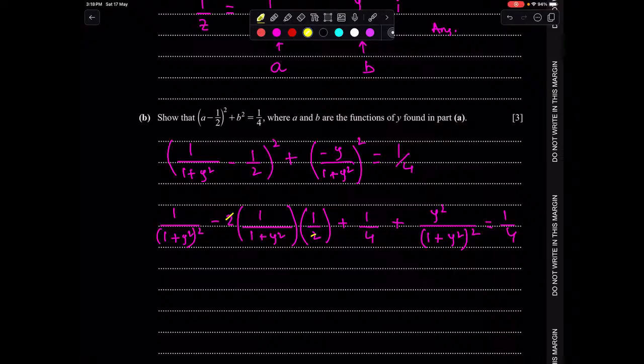So we have 1 upon (1 plus y square) whole square.